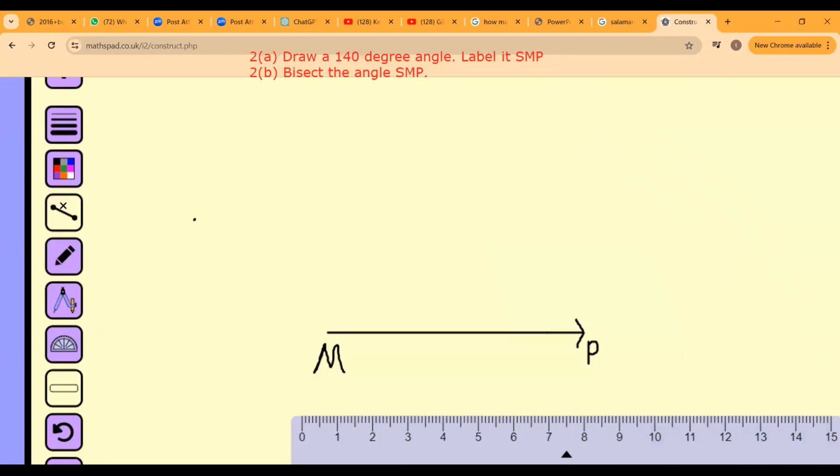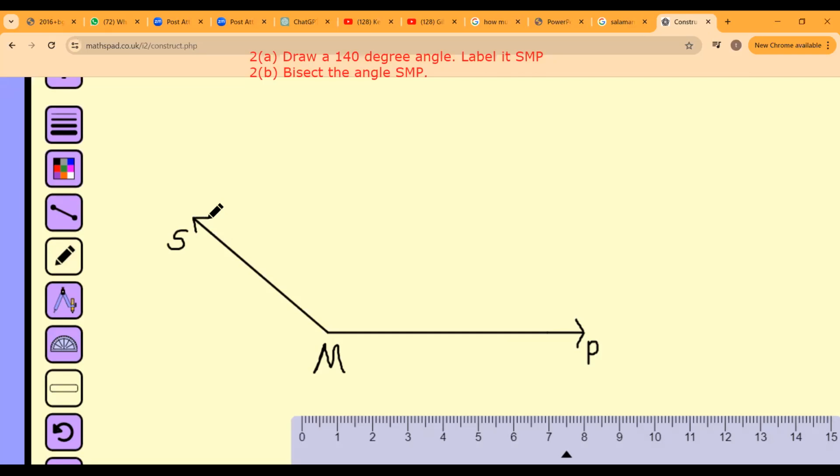And then we're gonna go from this particular point all the way to here. And then we're gonna label this, Samantha, what are we gonna label this one? S. We're gonna label it S. And then we're gonna put an arrow here.